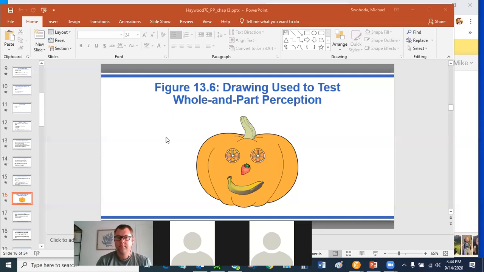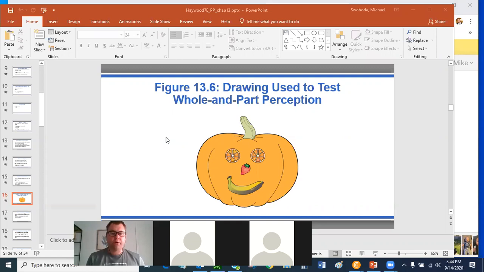Is it like how big or small they would draw it on the pumpkin? The pumpkin's part of the drawing, so you have to actually draw the pumpkin as well. So I would tell you, Gabby, draw me a smiley face using a pumpkin, 2 orange slices, a strawberry, and a banana. It doesn't matter if you draw them correctly or not, but what matters is the relative sizes of them.